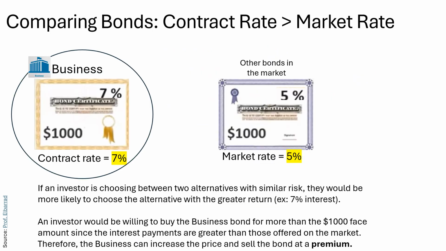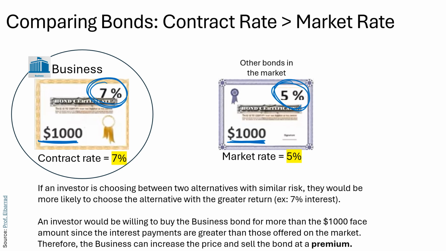So here's another situation, another scenario where we're comparing the contract rate and the market rate. So for this example, we'll say that the business is issuing $1,000 bonds. Their contract rate is 7%. But out in the market, other similar corporations who are issuing $1,000 bonds, they're only offering 5% interest.